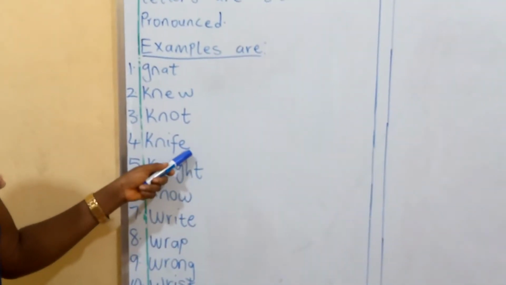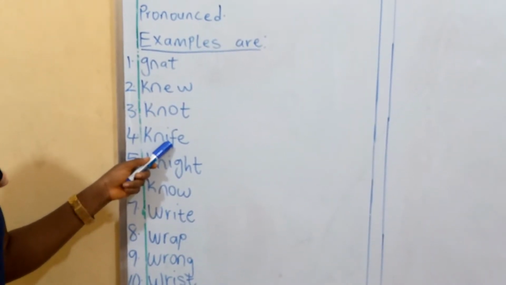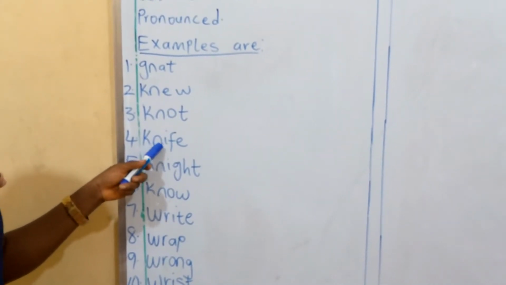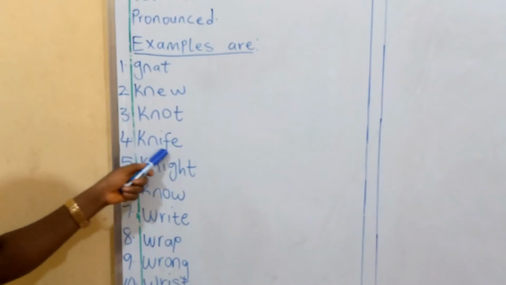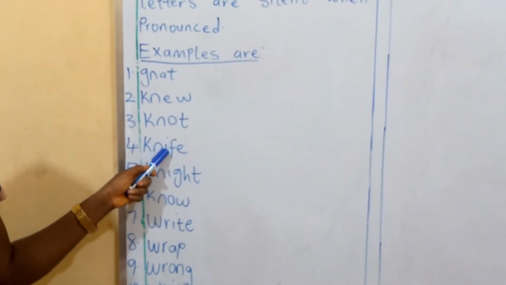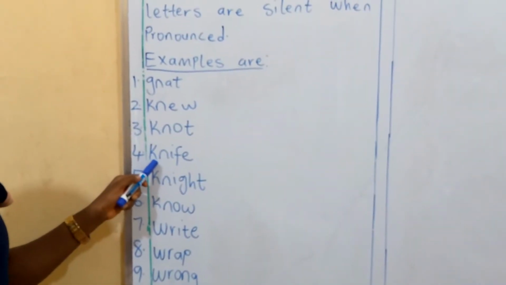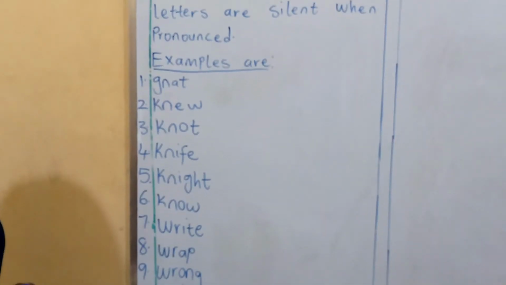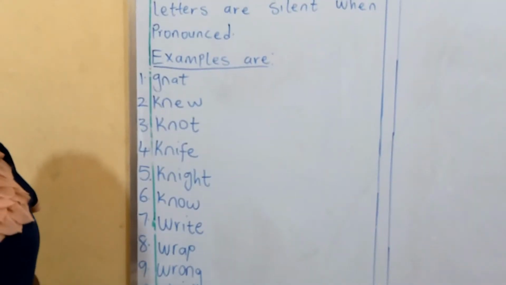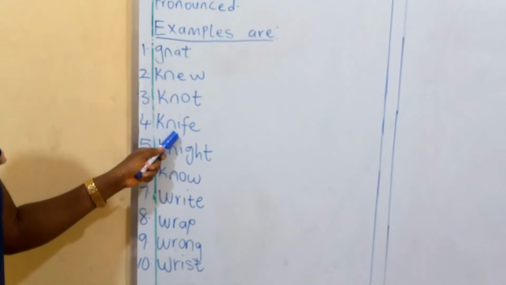The A here has changed the next vowel, which is E, to its letter name sound, which is I. So now when we are pronouncing it, we will not sound this, because its function here is just to change the sound from E to I. Now remember what we said about silent words. Which of the letters are silent? The first letter. And this word starts with the letter K. That means K is silent.